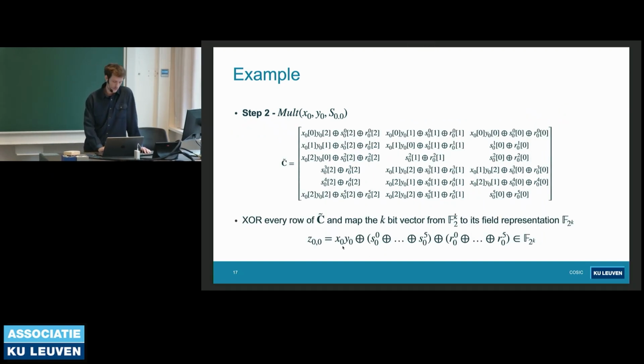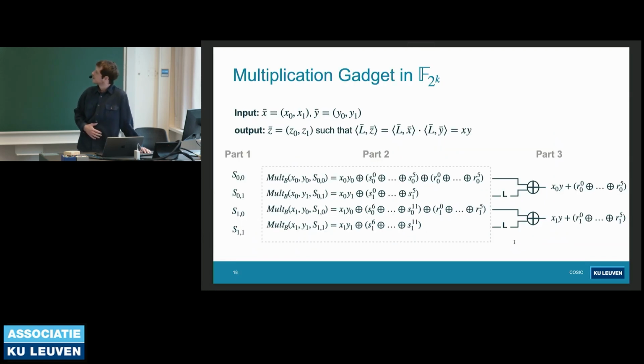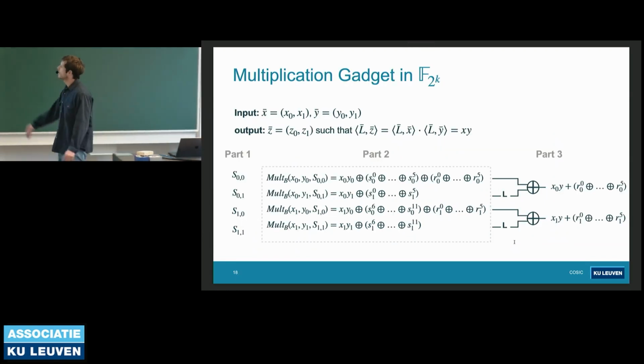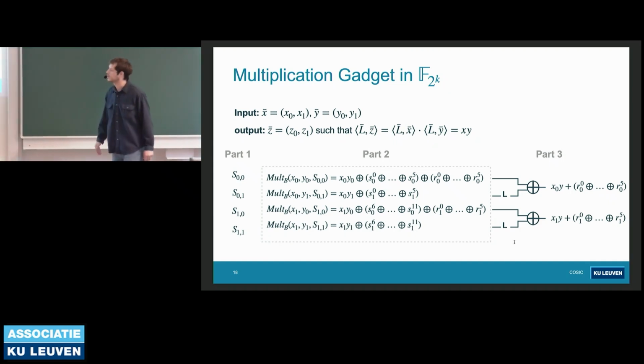At the end, you perform the XOR of every row, and you map that to the field representation. You end up having x0, y0 plus a collection of first shares and a collection of first shares here. If you do that for all the xi, yj, you end up having this result in part 2.